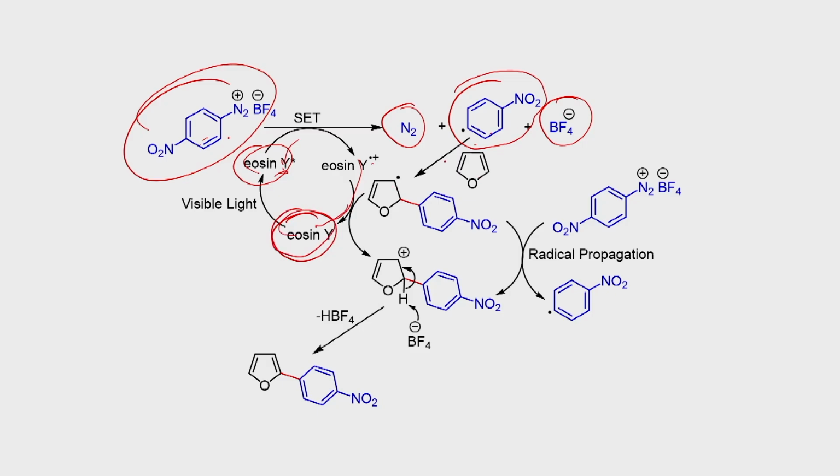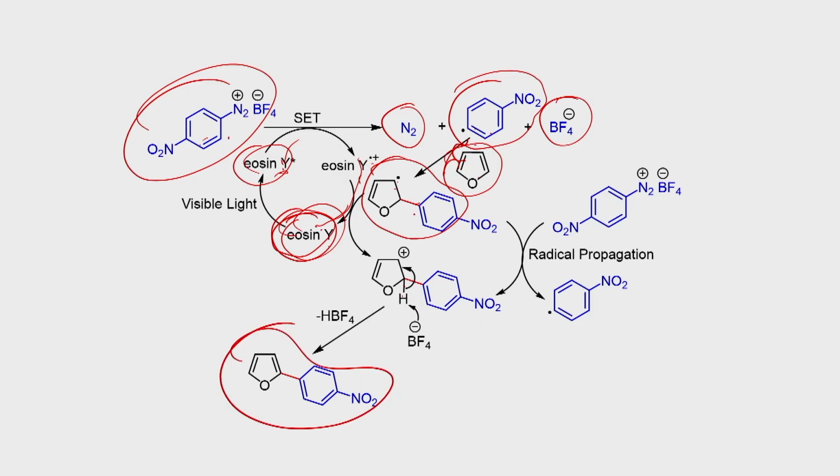Now the radical can react with the substrate, it can undergo addition reaction, and we will have this radical. This radical can reduce this cation radical to the catalyst, which will be converted into cation. Once we have this one, with the tetrafluoroborate, cleavage of the CH bond can give the CC coupled product.